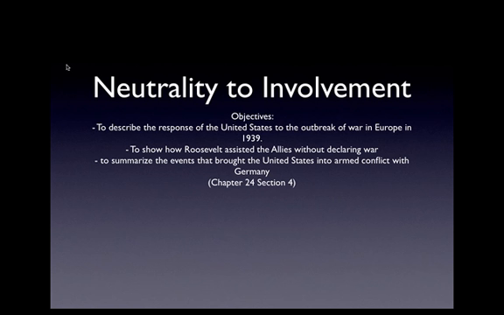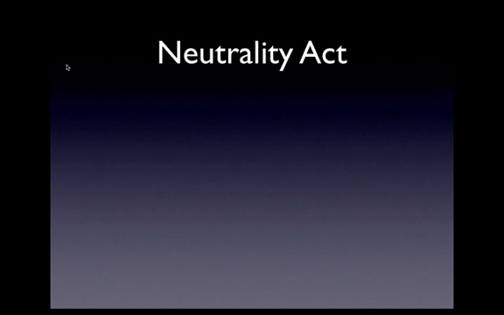As we look at the beginning of what we started to do, that first objective is our response, the United States' response, to the outbreak of war. This section talks about the Neutrality Act, and the Neutrality Act was the idea that we were going to pass a law that would keep us able to help our allies, but not directly involved in the war.